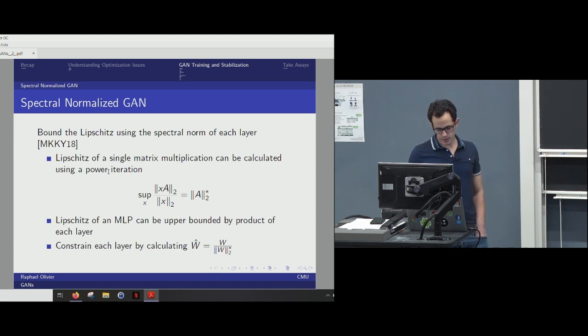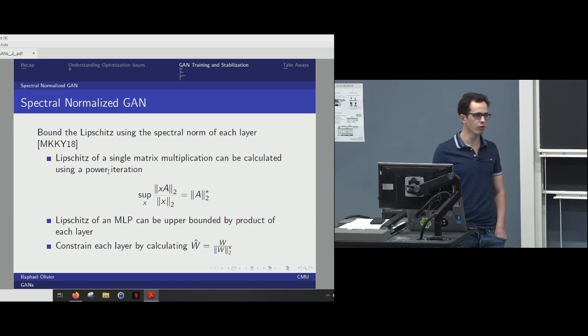Yeah, spectral normalized GANs have an alternative way of solving the Lipschitz problem. So they also solve a bound like the original paper, but a better bound. Because if you're looking at the Lipschitz constant of a matrix multiplication, you don't have to compute something for the weights independently.